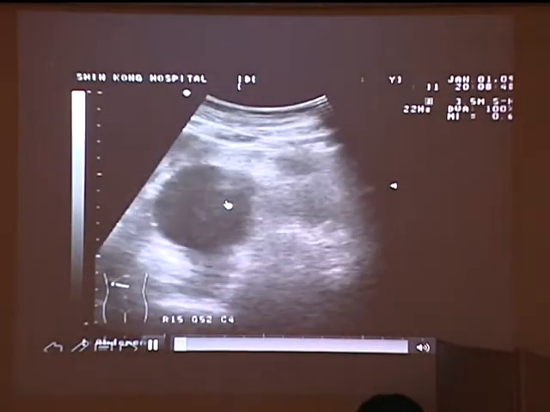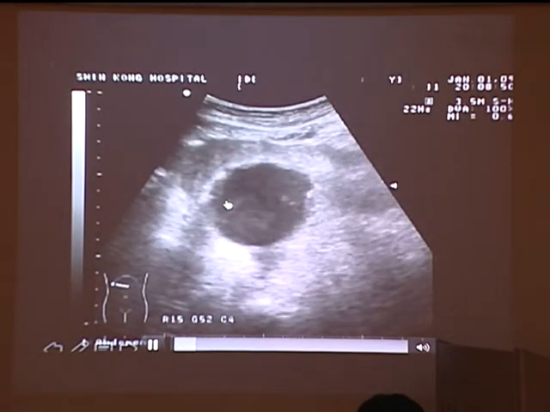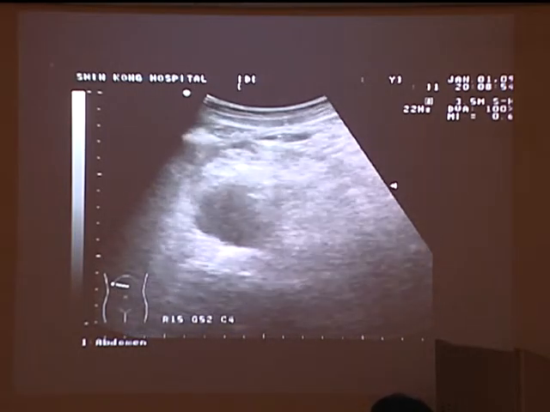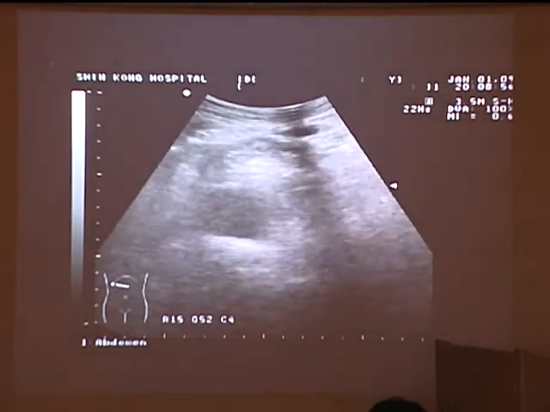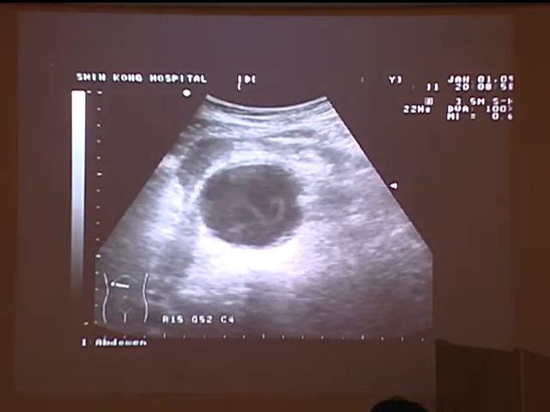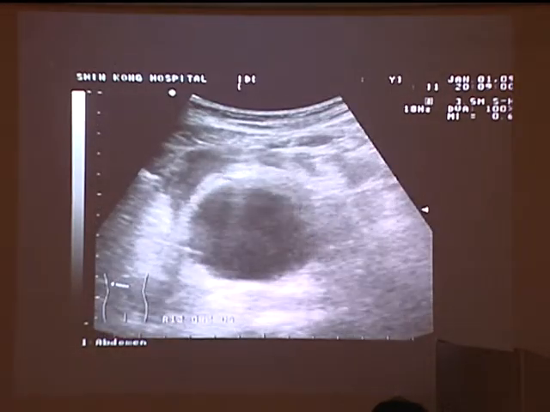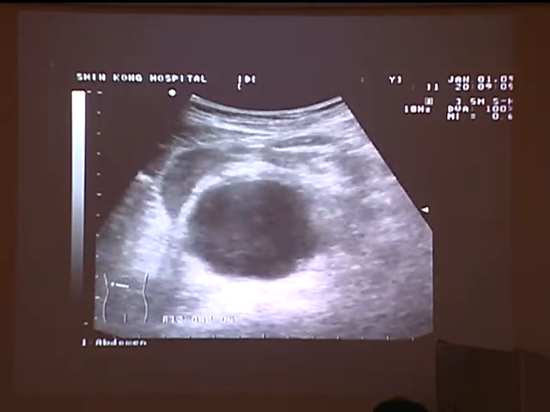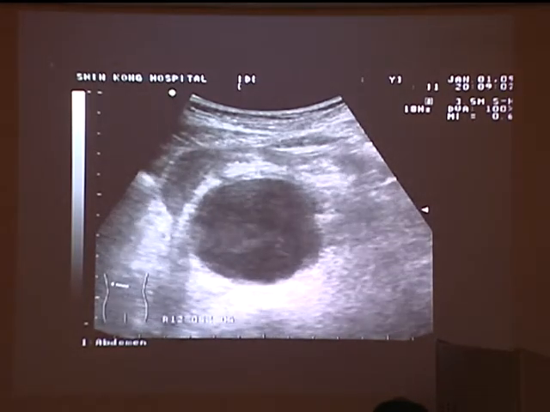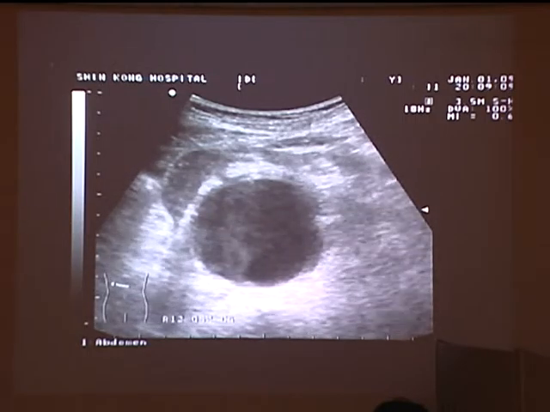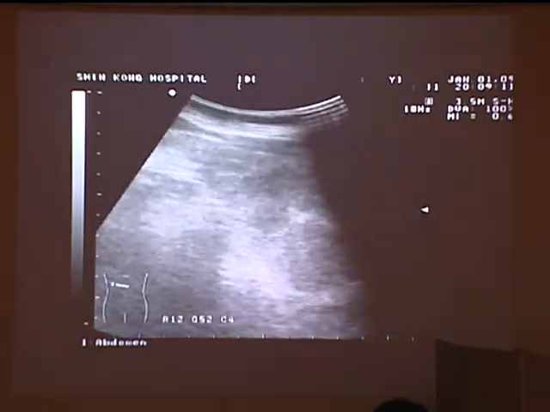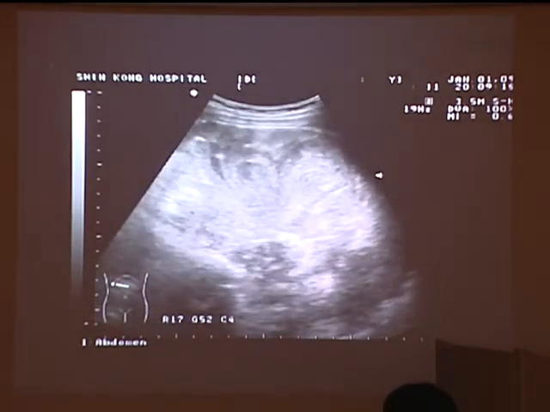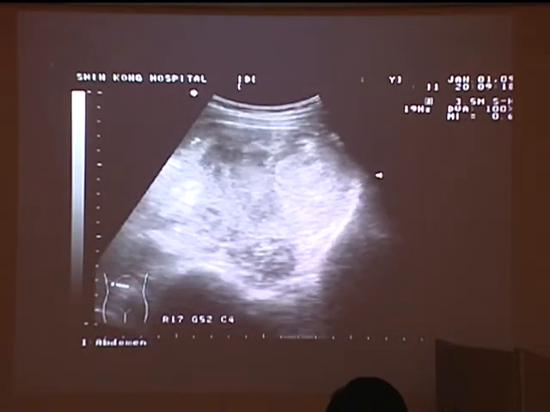This patient is not as lucky as before. This is a 59-year-old male presenting with hematuria. After several hours of observation in the emergency room, the follow-up ultrasound showed this kind of finding. You may see a really big abdominal aortic aneurysm. However, there is a much abnormal finding in his retroperitoneal side.